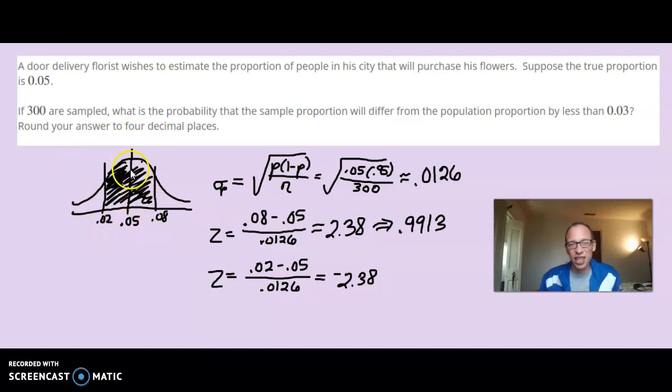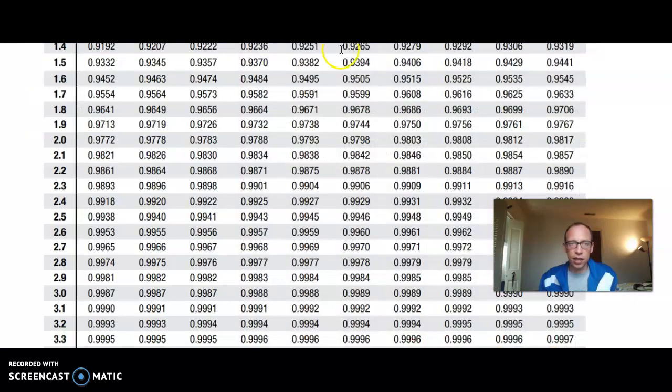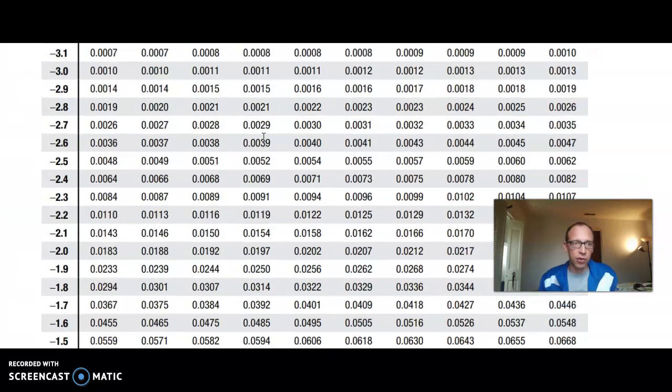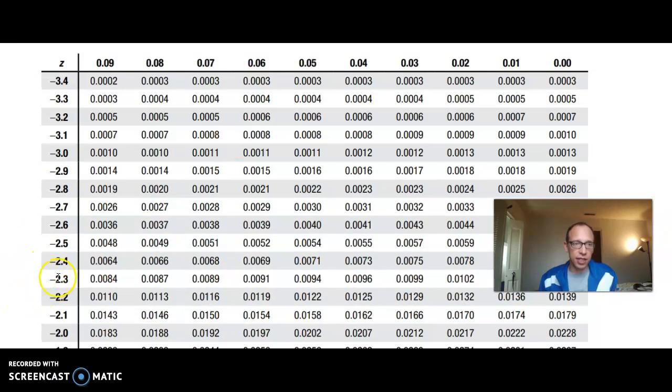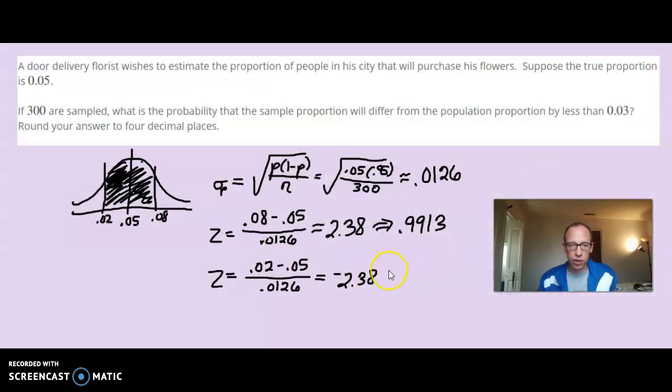So this center area is a lot more than it would look like in my picture. But that 99.13 includes this portion right here. And so I would need to look up negative 2.38. That would be up on the negative infinity to negative z chart, and that would be 0.0087. I'm going to put that right there. So just a little under 1% of the distribution is in that left tail there.